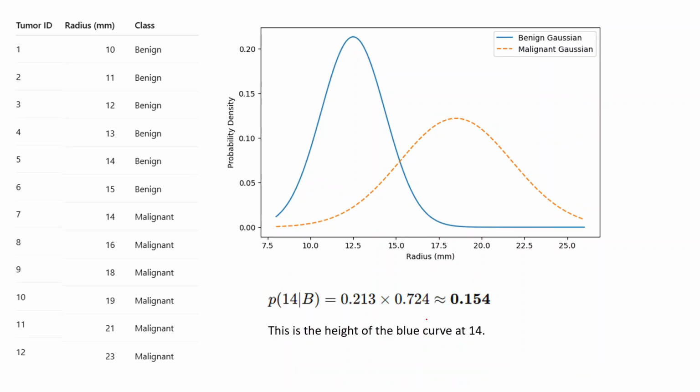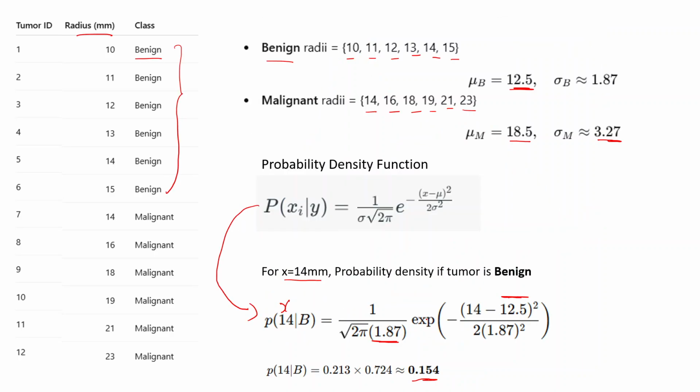But we will do some interpretation on this. When we take 0.154, for the benign cases the values are in the range of 10 to 15. But anyhow, there is some overlap here between the benign and the malignant.